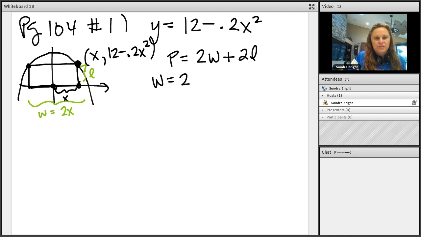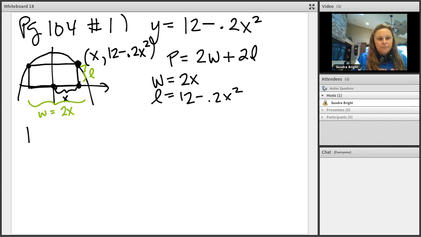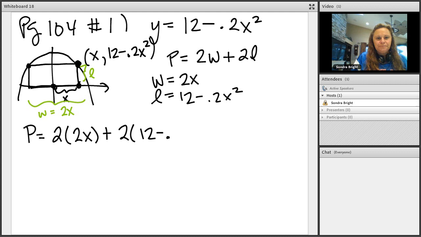So the width is 2x, and your length is 12 minus 0.2x squared. So the perimeter will be 2 times 2x, plus 2 times the length, and that will give you 4x plus 24 minus 0.4x squared.